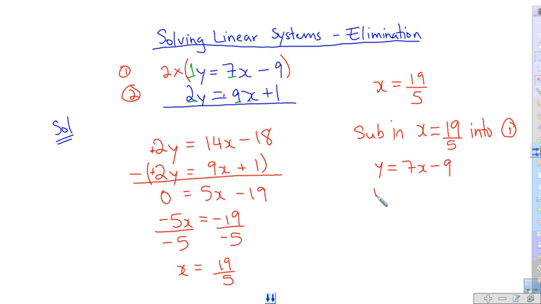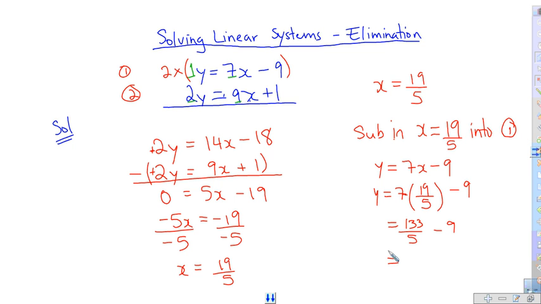Okay, so y equals 7 times 19 over 5 minus 9. So then 7 times 19 is, use my calculator there, 133 over 5 minus 9. And again, I'm going to do this on my calculator.